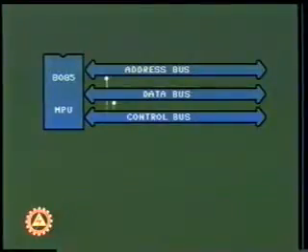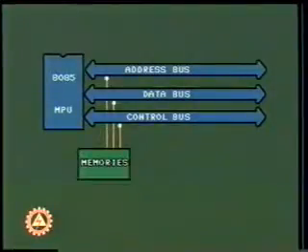Two memory devices, EEPROM and SRAM, are interfaced with the processor for storing program and read, write, arithmetic and logical operations.